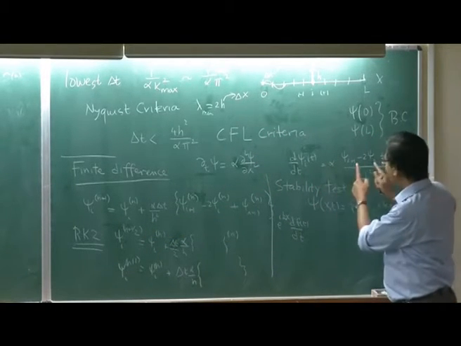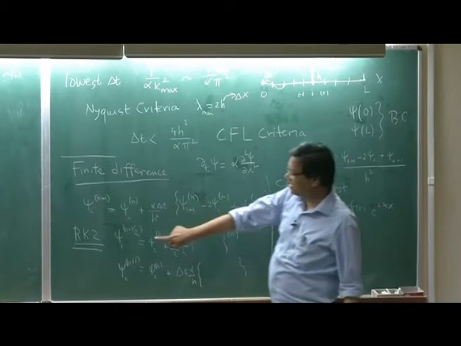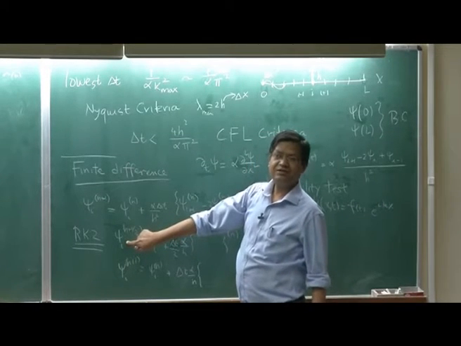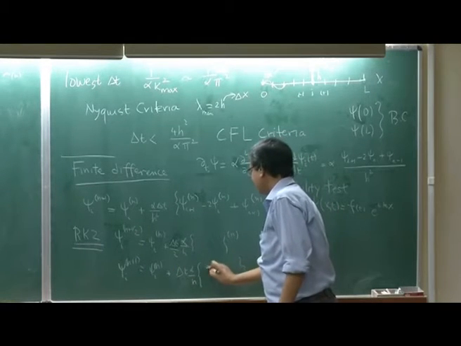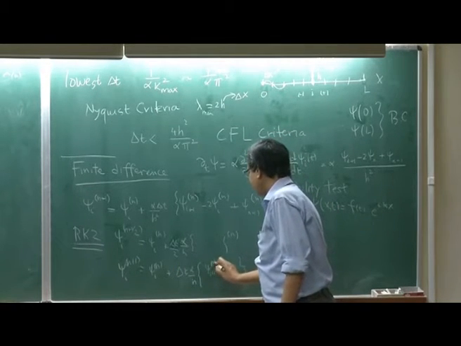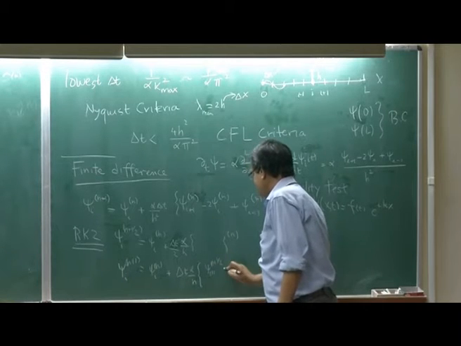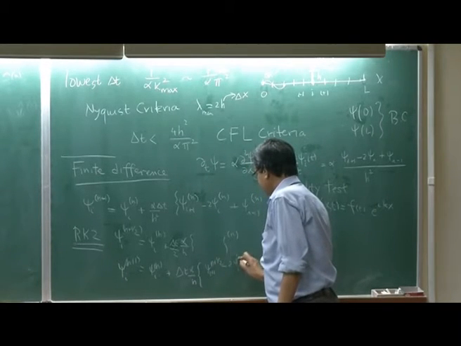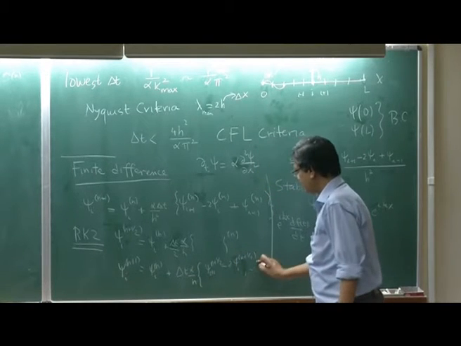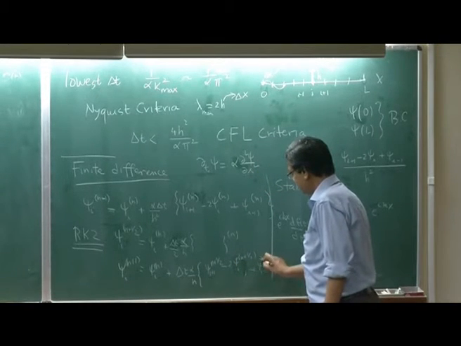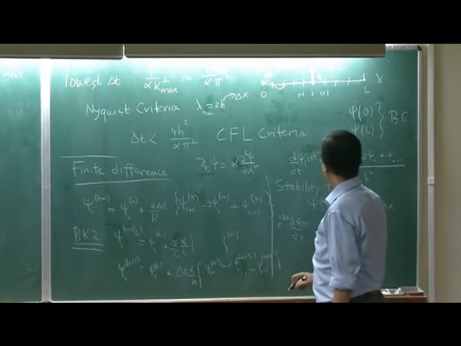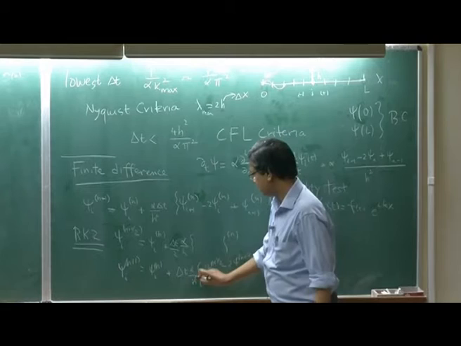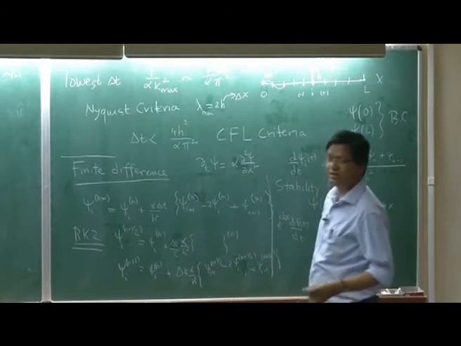So don't take this second derivative, but compute the second derivative from here, which will be psi i plus 1 at n plus half, and so on.